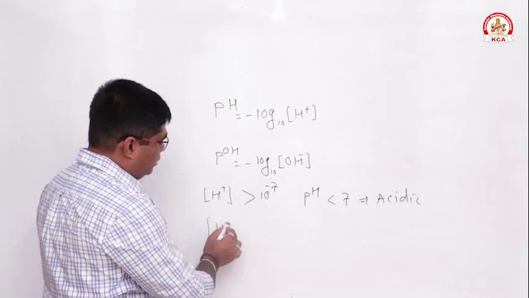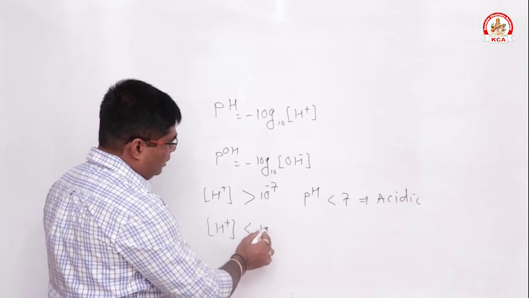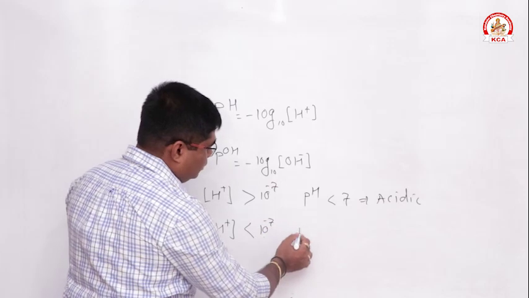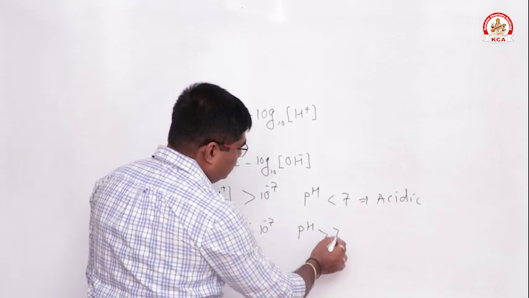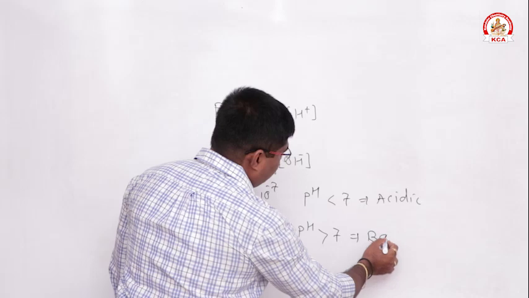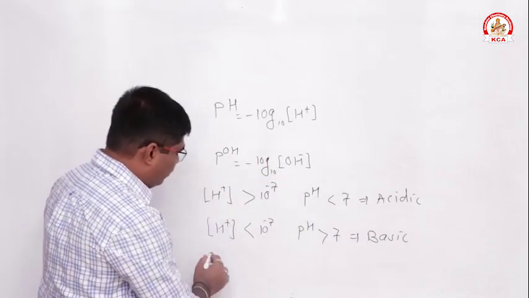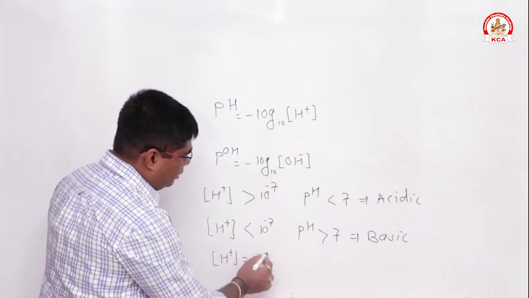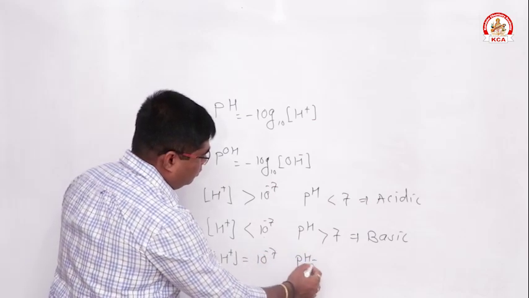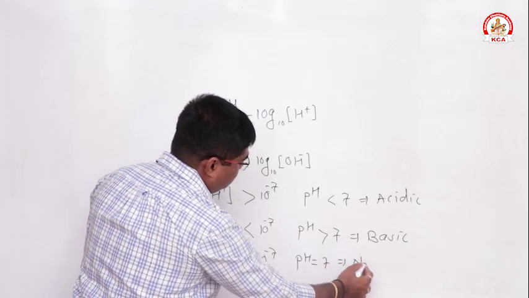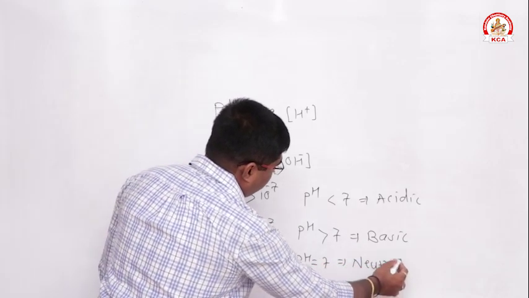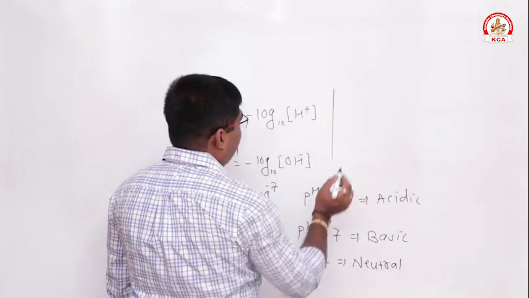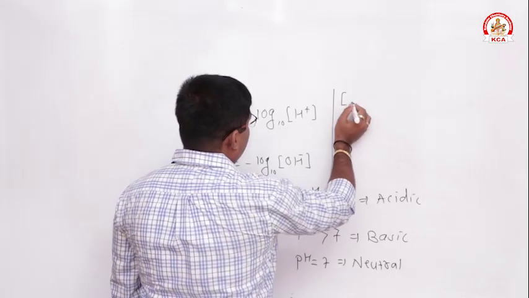When H plus ion concentration is less than 10 raised to minus 7, pH is greater than 7, the solution becomes basic. And when H plus ion concentration is equal to 10 raised to minus 7, pH is equal to 7, the solution is neutral. Same by considering the OH minus ion concentration.